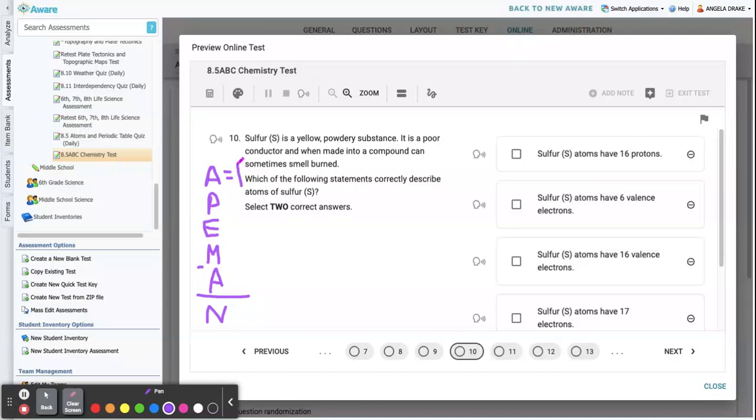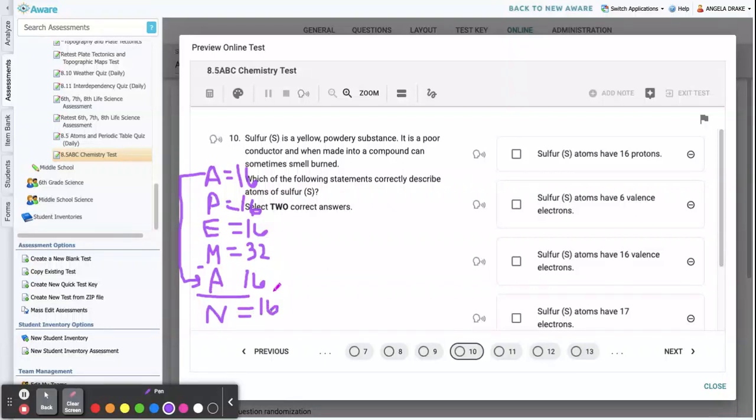Its atomic number is 16. So its protons are 16. Its electrons are 16. It has a mass number of 32.0. So that means it's just 32. Carry down my A. So now I'm going to do 32 minus 16, which is just 16.